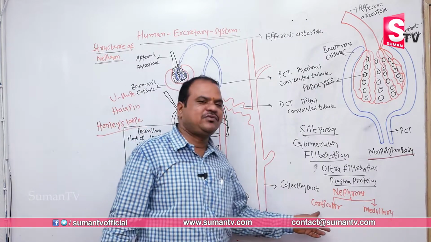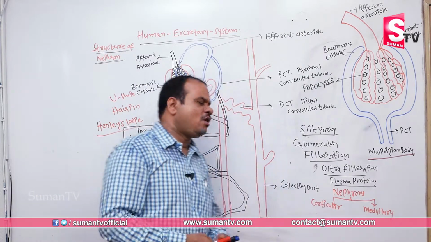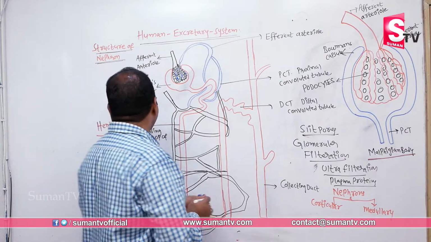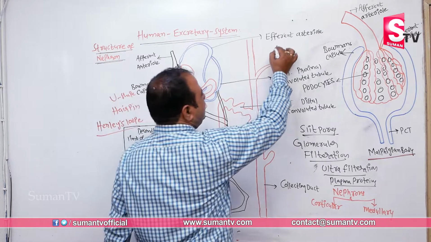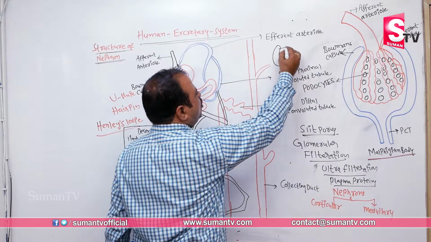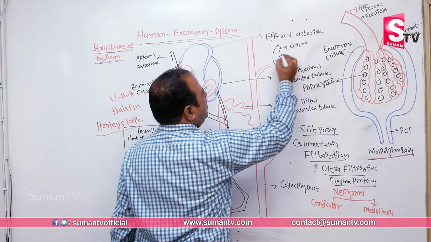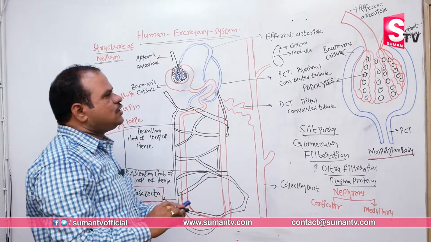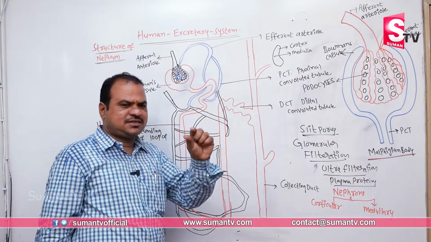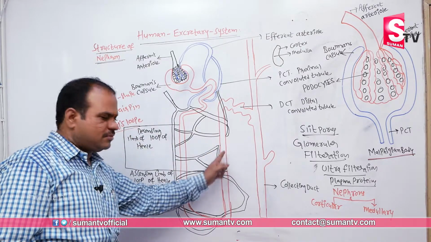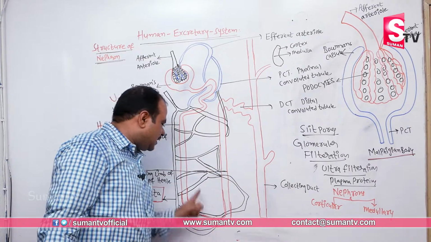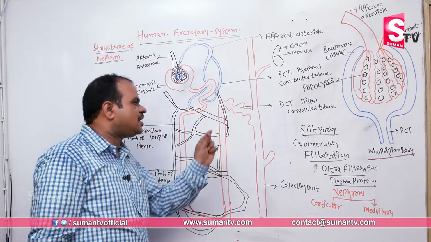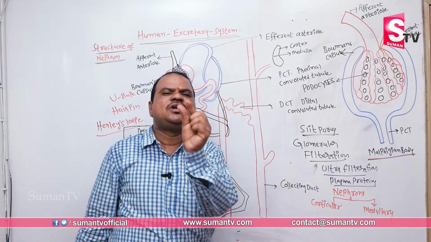But what is the difference between the cortical nephrons and the medullary nephrons? Especially we know our kidney consists of two regions: outer is the cortex and inner is the medulla. Some of the nephrons have a Henle's loop that is very short.